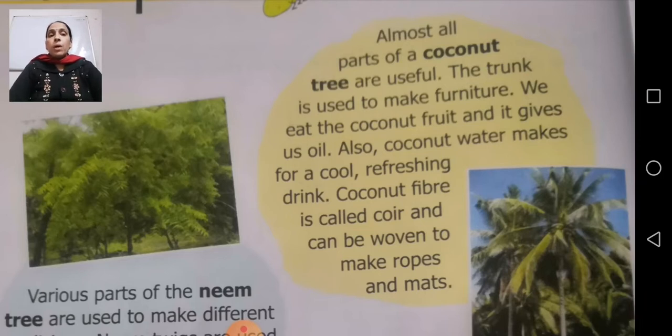Now this brown coconut fiber is called coir and can be woven to make ropes and mats. Okay, from coir we can make ropes and mats. Woven means we can stitch it into ropes and mats. So from the coir of the coconut, we can make ropes also and mats also.